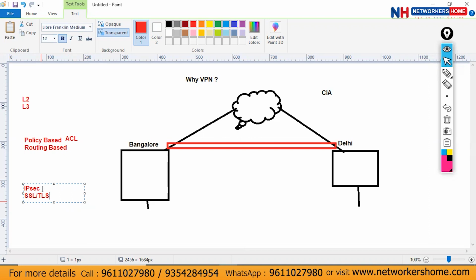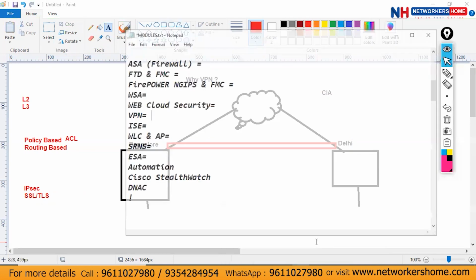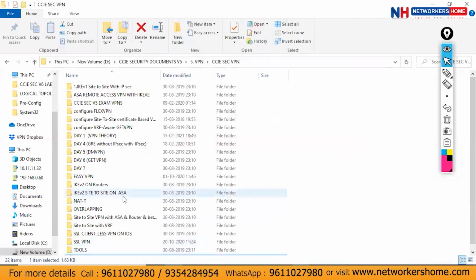Site to site also IPsec can be used. Remote access also IPsec can be used. Multi-site also IPsec can be used. So different scenarios are there. In this way, you can tell different types of VPNs. But if someone wants to know the names of the VPNs, then you tell them the list of VPNs that we have.